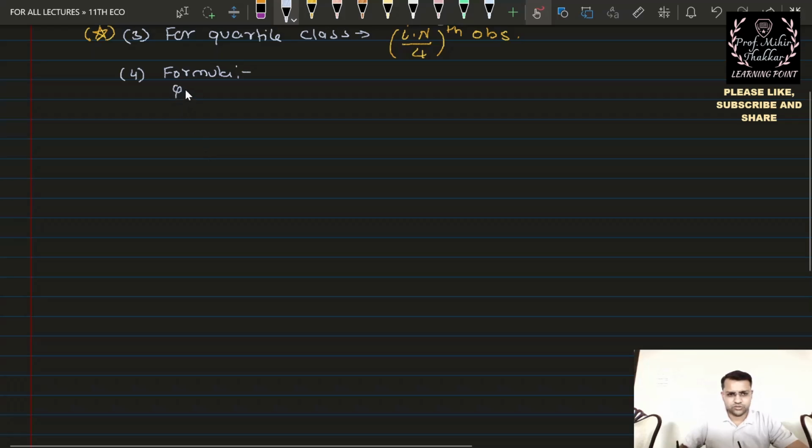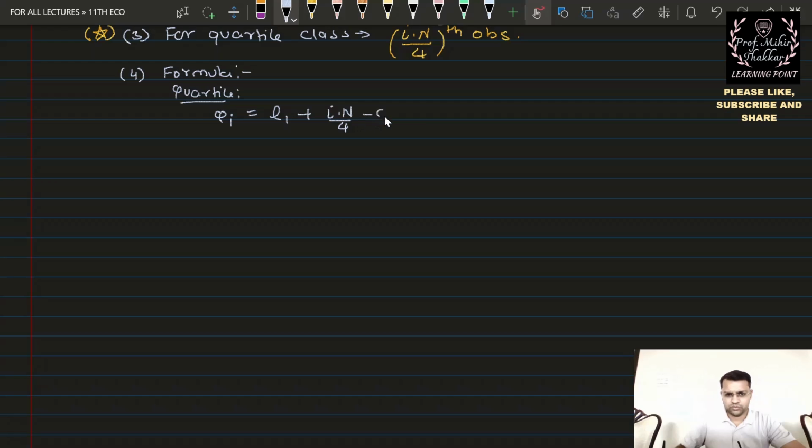The median, in fact I should say the quartile Qi is given by L1 plus i into n upon the 4 value minus Cf multiplied by h by f, where L1 is again the lower limit of the quartile class, Cf is the cumulative frequency of the above class or the previous class, h is the class width, that is the upper limit minus lower limit of the quartile class, and f is the frequency, again that too of the quartile class.